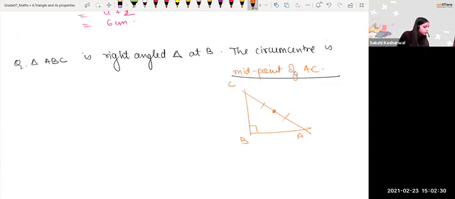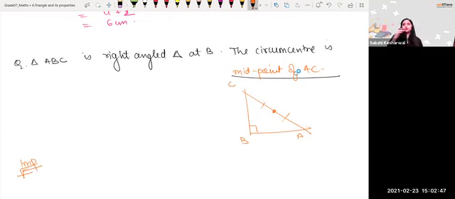Okay, one more thing, right? This is an important point.